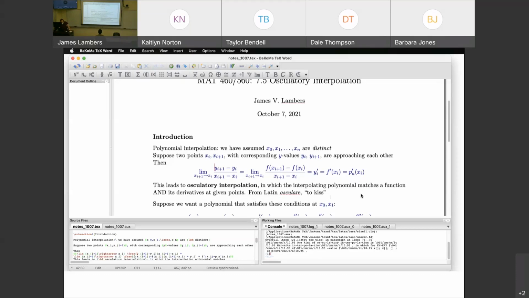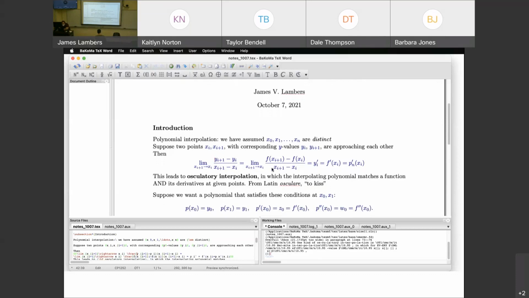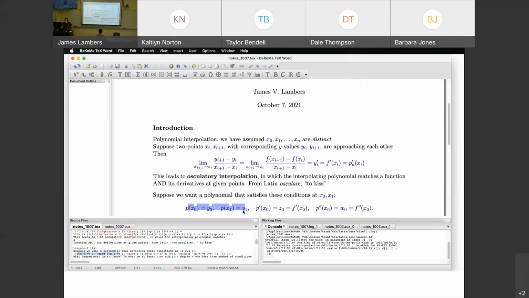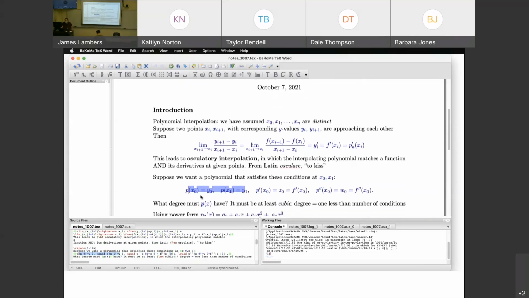All right. So I'm going to give you an example of osculatory interpolation, where we have just two distinct x values, x0 and x1. So what we have here is what we would normally have in polynomial interpolation, that your interpolating polynomial p has to match the y values at x0 and x1.